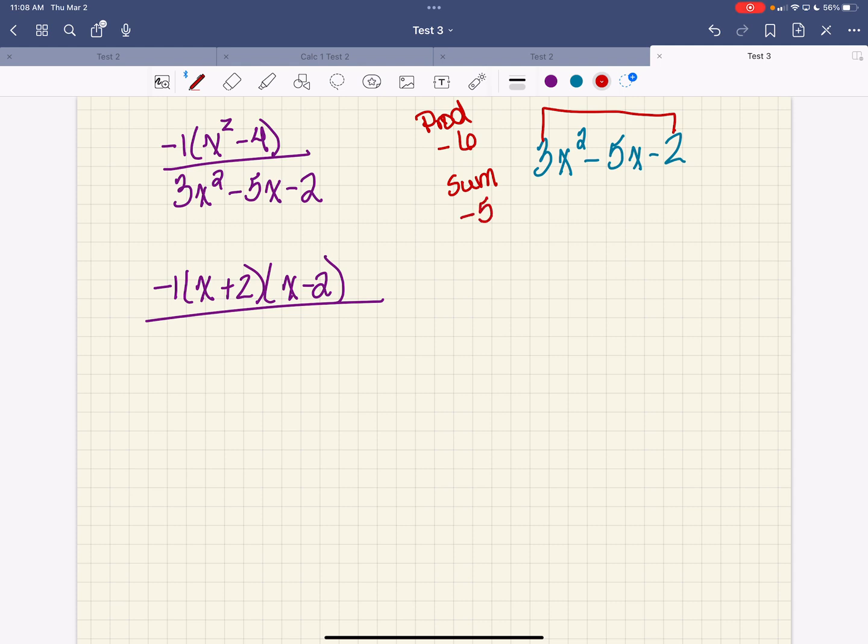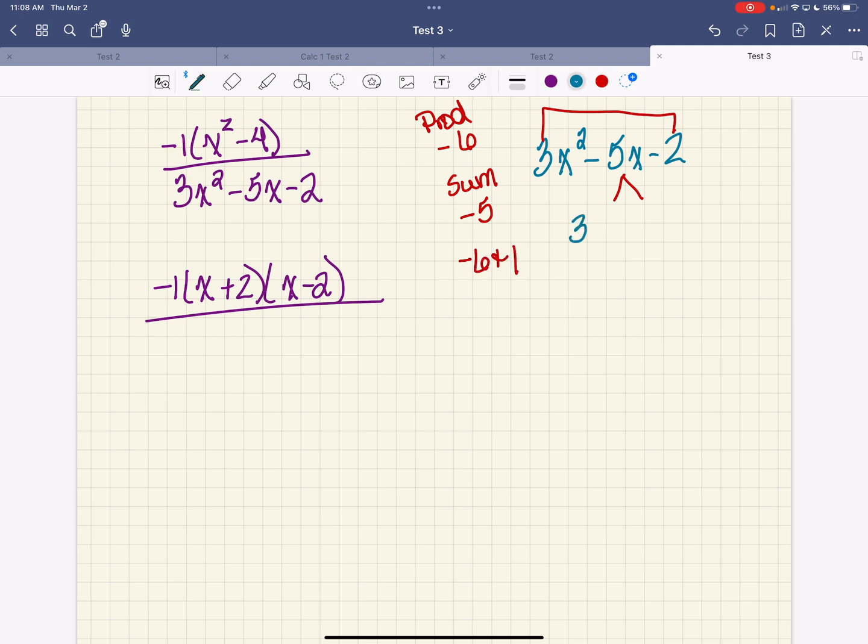Now, be careful here, because with a sum of negative 5, you might be thinking negative 2 and negative 3 are your numbers. But negative 3 times negative 2 gives me positive 6. I don't want positive 6. What do I want? I want negative 6, okay? So I need two numbers multiplied together that give me negative 6 and added together give negative 5. Good. It's negative 6 and positive 1. So that's what we're breaking this up into, negative 6 and positive 1.